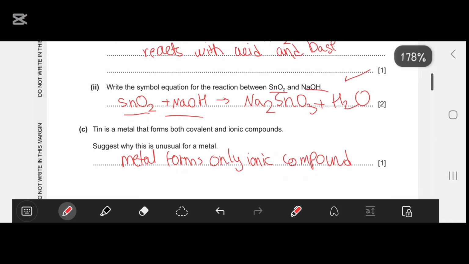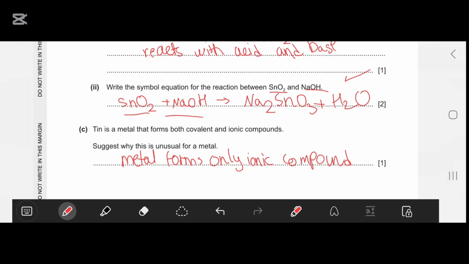Tin is a metal that forms both covalent and ionic compounds. State why this is unusual for a metal. Alright, you know, metals only react with non-metals to form ionic compounds. A non-metal with another non-metal gives us covalent. What about this one?